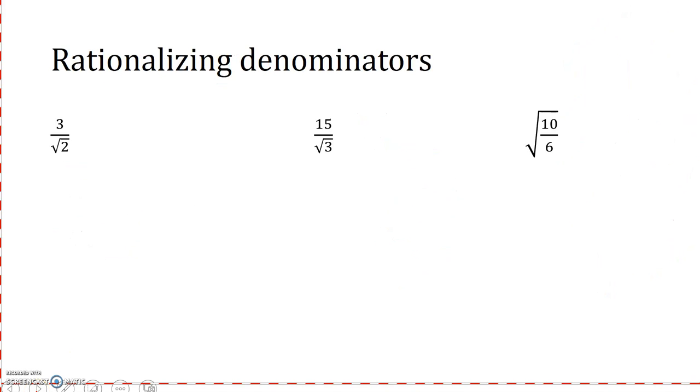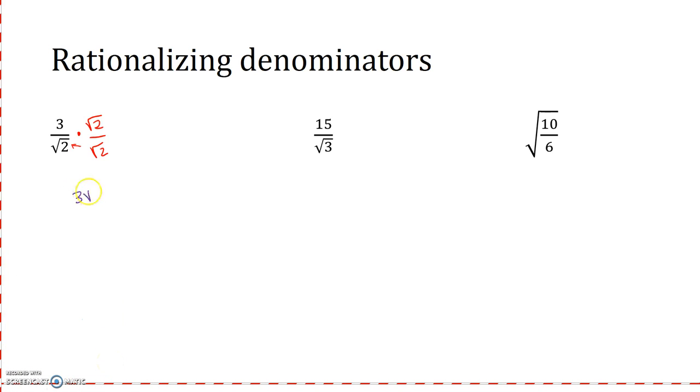Another common practice of radicals is rationalizing denominators. Because fractions are technically pieces of a whole, you always want a whole number in the denominator of your fraction. To get rid of the radical, which is not a whole number, all you have to do is simply multiply the numerator and denominator by that radical. And now watch what happens.